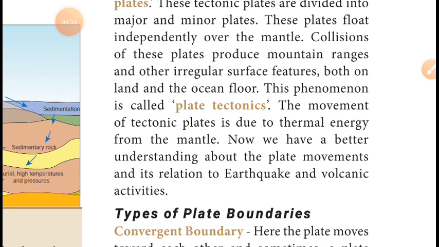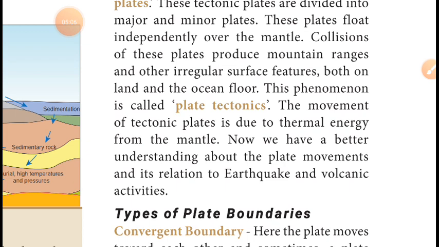How does it occur due to plate tectonics? When continents collide, they produce land surface, landforms on land, and also on the ocean floor. So this is called plate tectonics. The movement of plate tectonics is due to the thermal energy from the mantle.